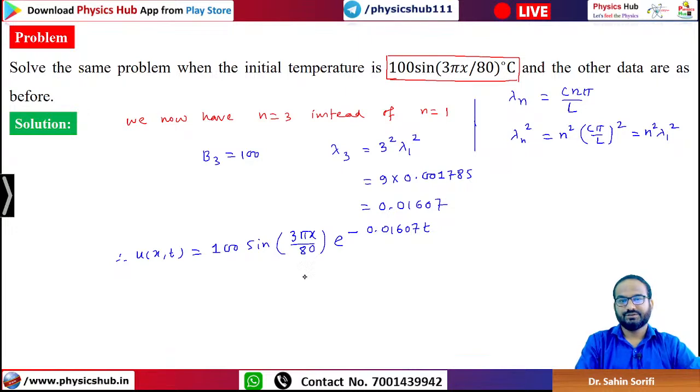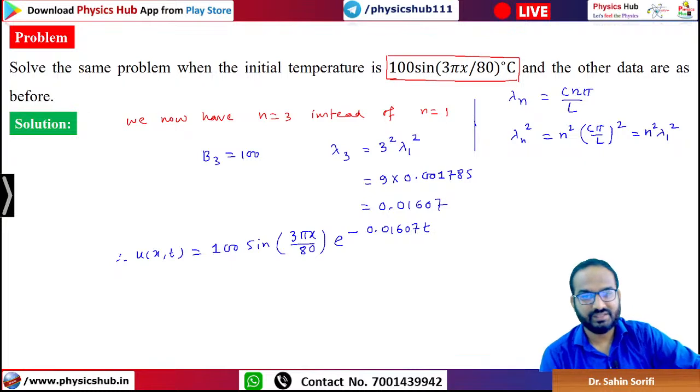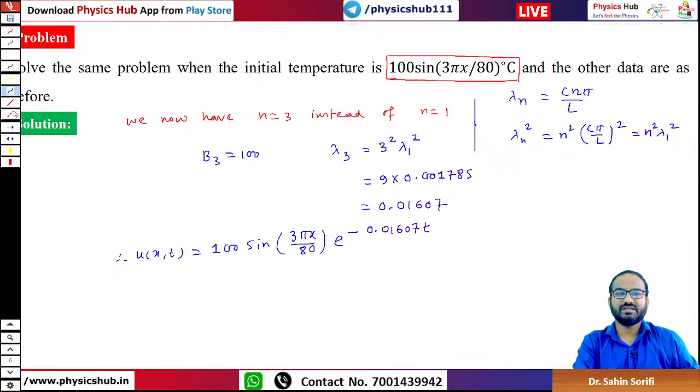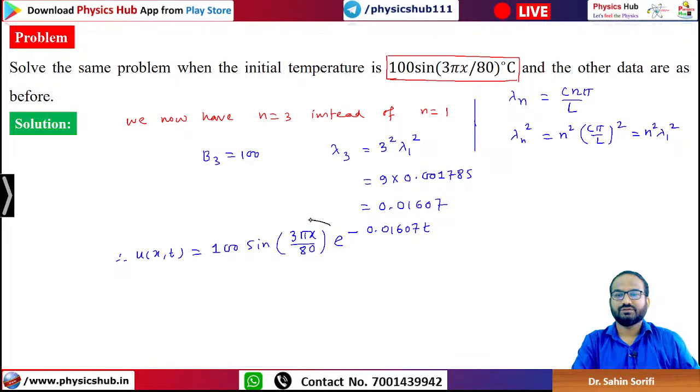Okay, so here, maximum temperature will drop in how much time? Look, for maximum temperature this term should be 1.